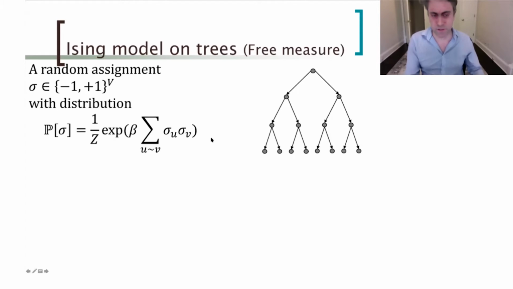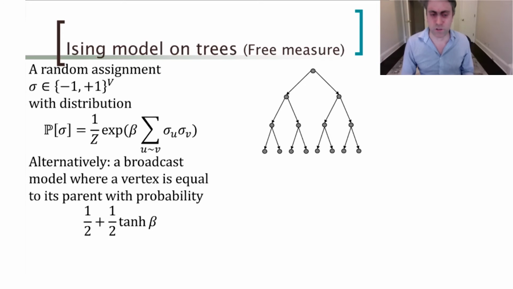Okay, so this is at least the definition of the Ising model on a finite graph. And on the tree, we can give some other very simple characterizations of it. One is as a broadcast process. You start from the root and assign it either plus or minus with probability 1/2.